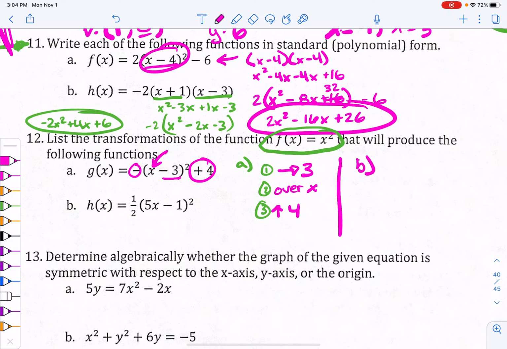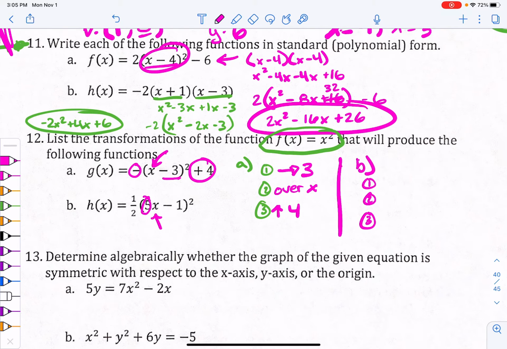Part B, we have the same amount of things happening. So there's a 5 happening, there's a minus 1 happening, there's a 1/2 happening. So 1, 2, 3, we've got to decide what is happening first. Okay, if I plug an x in, this 5 is going to happen first.